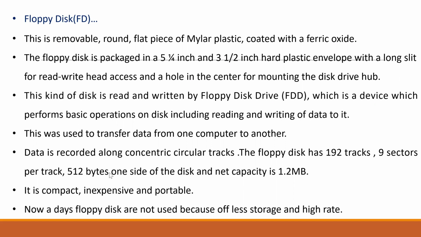The floppy is packaged in two sizes, that is 5¼ inch and 3½ inch, in a hard plastic envelope with a long slit for read-write access. A hole in the center is for mounting on the disk drive hub. Using that hole, it connects to the drive head and rotates using the motor. Hence in a floppy disk drive there is a motor which rotates.